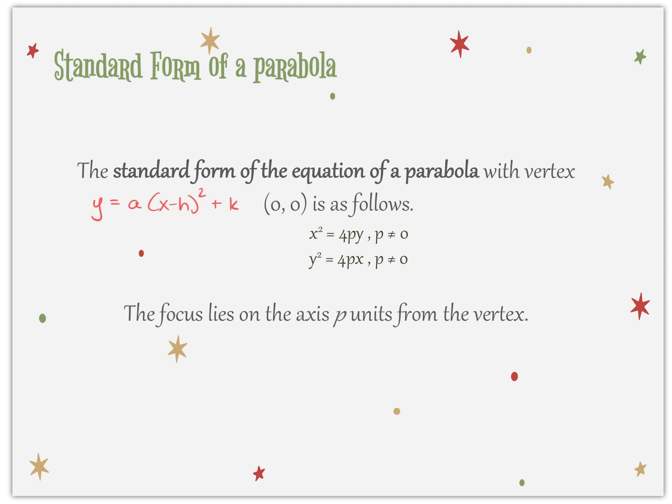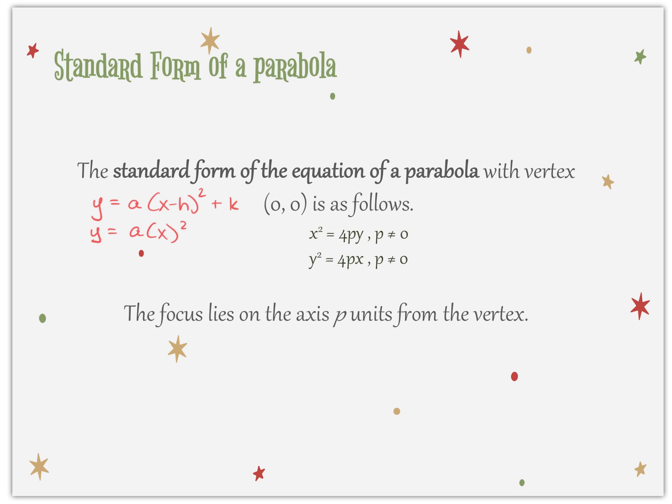And let's just say that the vertex was 0, 0, right? So your h was 0 and your k was 0, right? Well, notice you would have y equals a times x squared, and it would be plus 0, so the 0 would drop out, right?